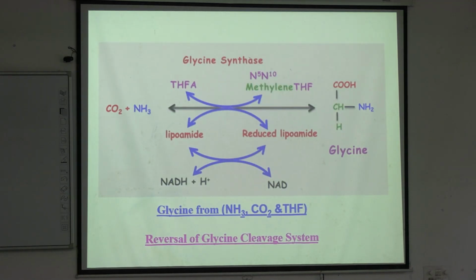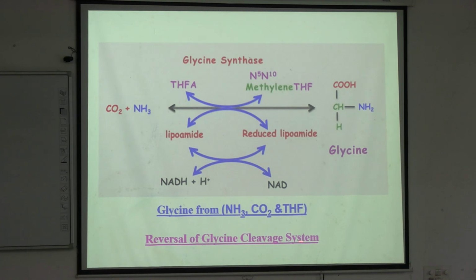So glycine synthesis, again you see, glycine can be synthesized. I told you in the beginning that it requires three things. One is carbon dioxide, one is ammonia, and one extra carbon. That extra carbon is provided by methylene tetrahydrofolate, and this will be converted into glycine. Now the reverse reaction is also possible.